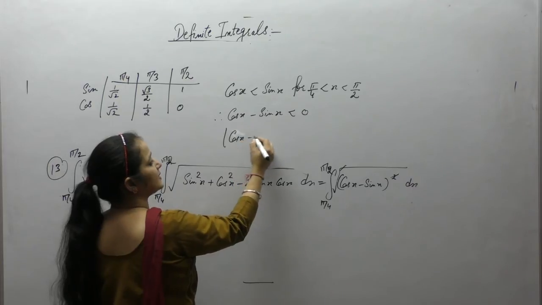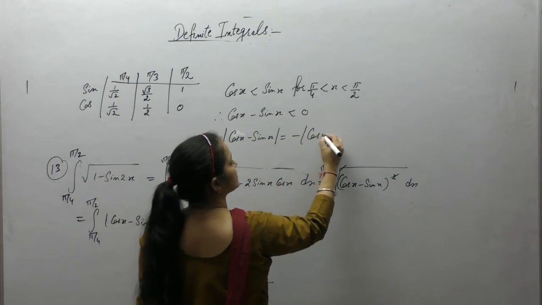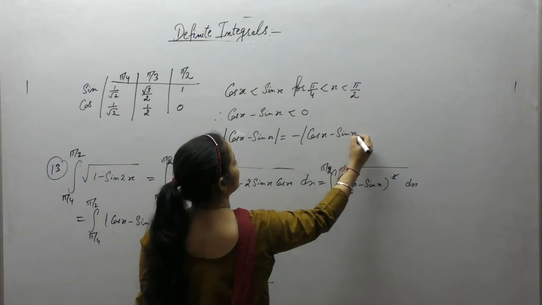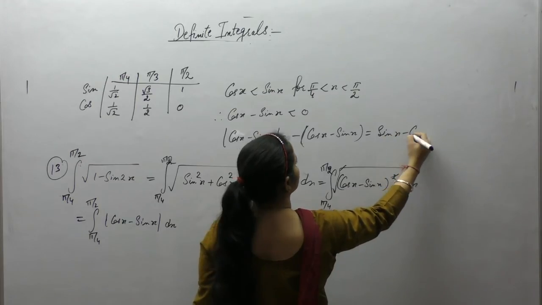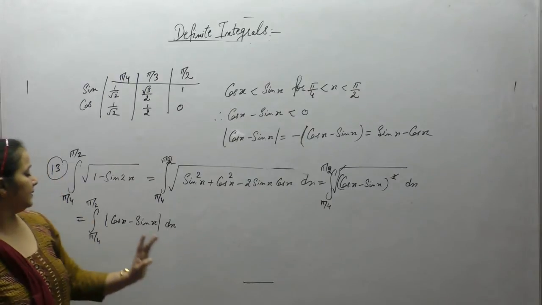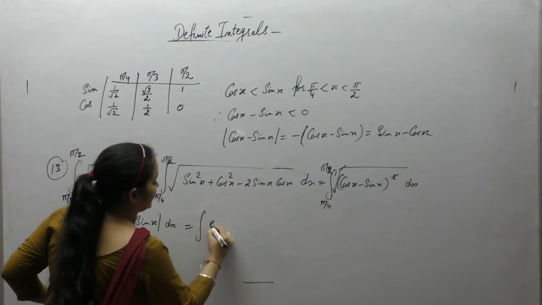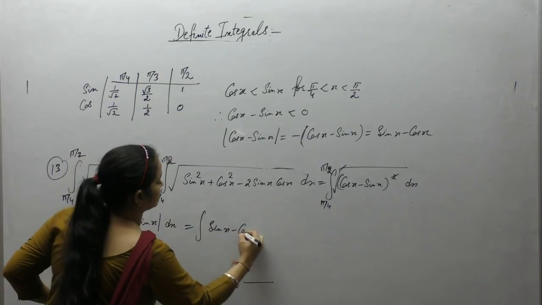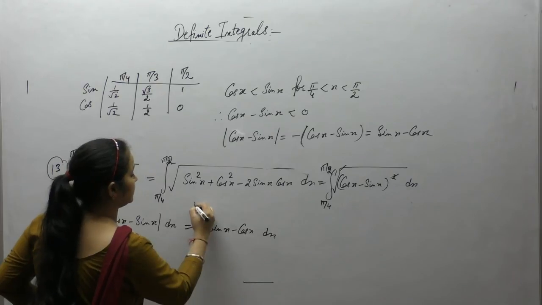Therefore, the modulus in this interval is equal to minus (cos x minus sin x), that is sin x minus cos x. So in this interval, we write modulus of cos x minus sin x as sin x minus cos x, for pi by 4 to pi by 2.